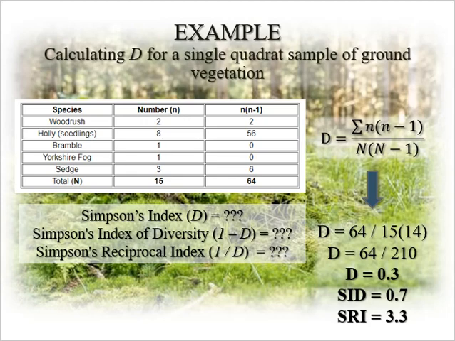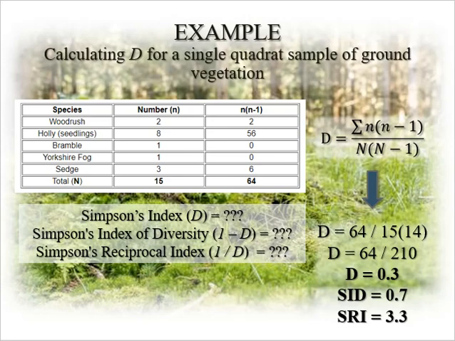Now, obviously, this would not be a great study at all. This would be an epic fail because sampling with only 1 quadrat would not give you a reliable estimate of the diversity of ground flora in the wood. You would need several samples to be taken and then pool that data to get a much better estimate of overall diversity. But for the sake of this example, we're just going to use a single quadrat.